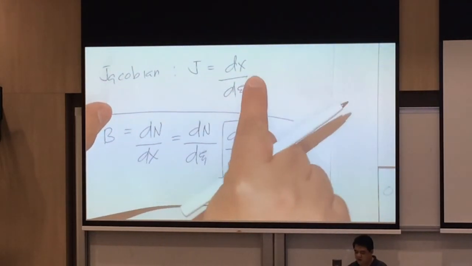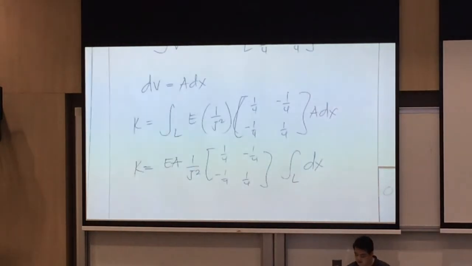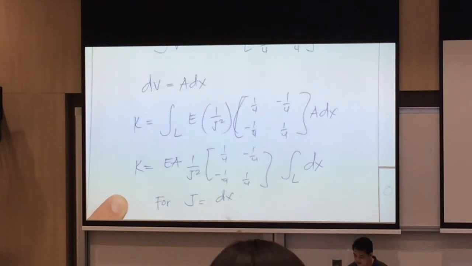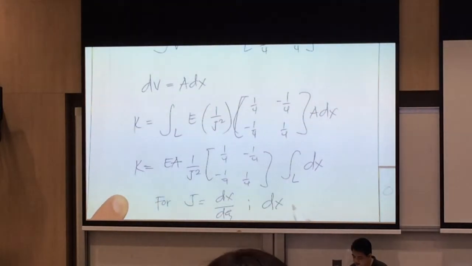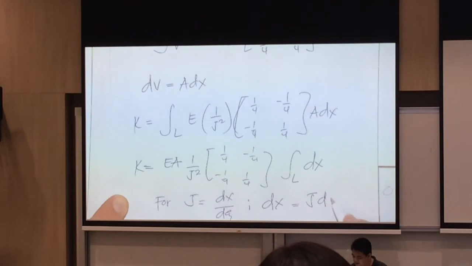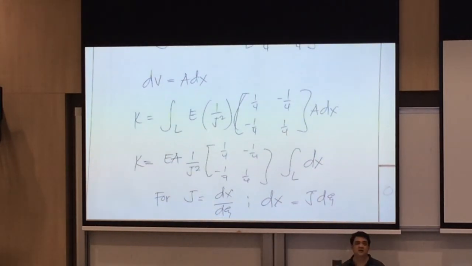Jacobian is equal to dx d to c. So for J equal to dx dc, we can have your dx equal to the Jacobian dc.